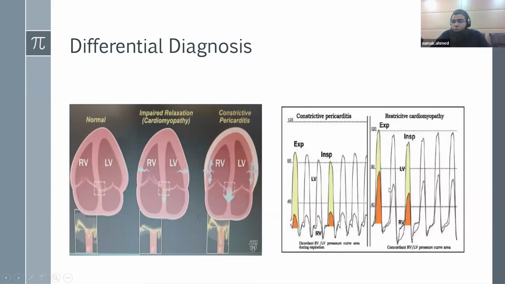But in restrictive cardiomyopathy, during inspiration both LV and RV filling increase, and in expiration both decrease. So here there is a discordance in constrictive pericarditis, and here there is a concordance. This is one of the important features of constrictive pericarditis.